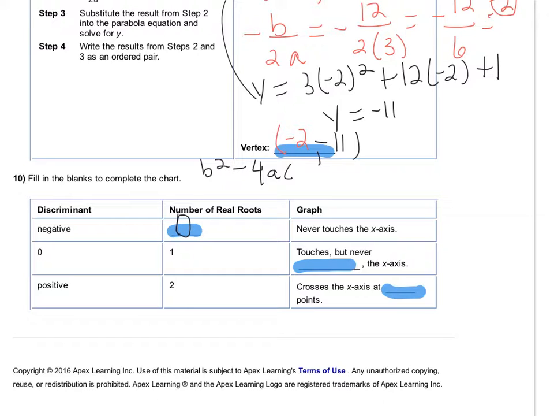It's never going to touch the x-axis. If the discriminant is 0, then it's going to have 1 real root, which just means that it touches but never crosses the x-axis. And if it's positive, you get 2 real roots and it crosses the x-axis at 2 points.